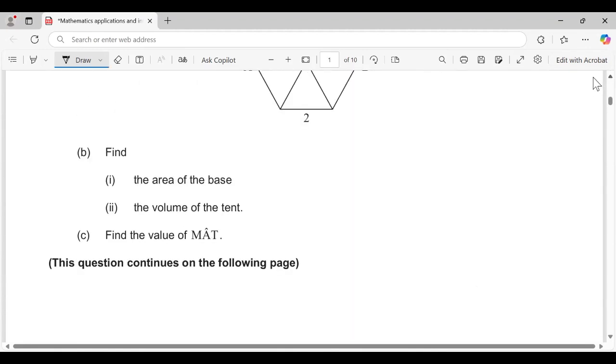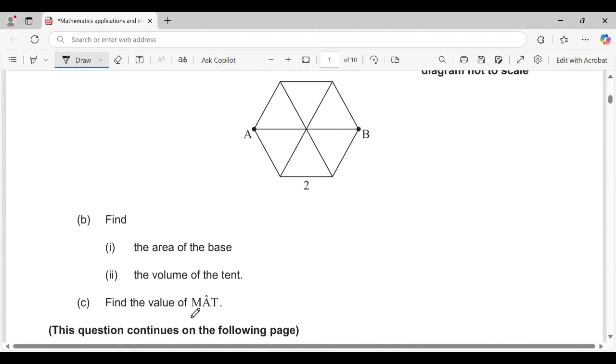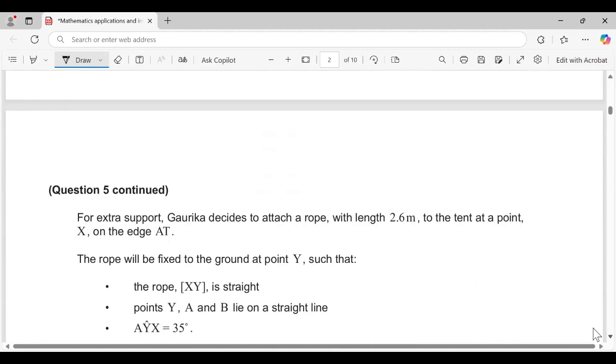Next question, C. Find the value of angle MAT. Okay.